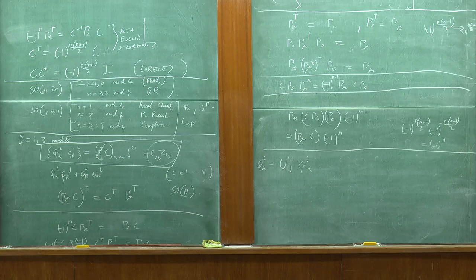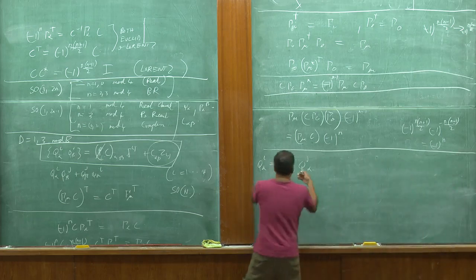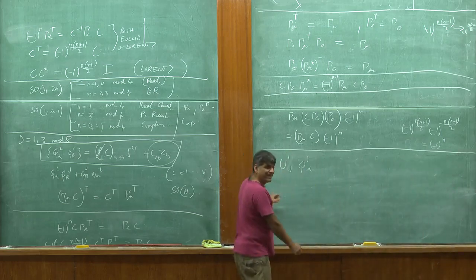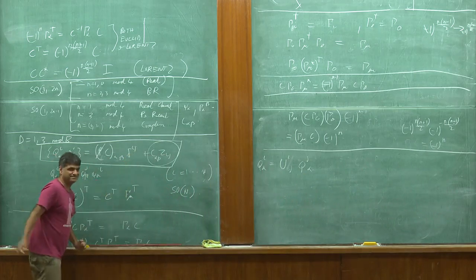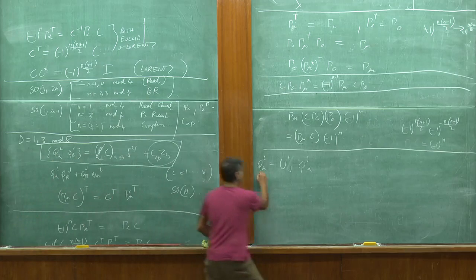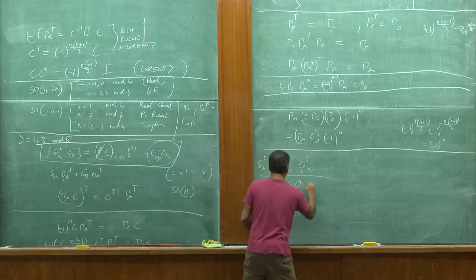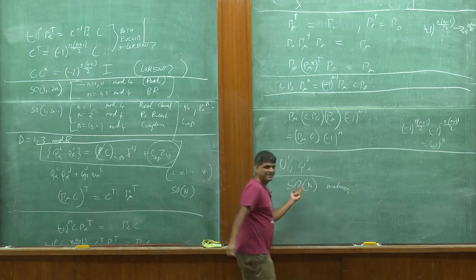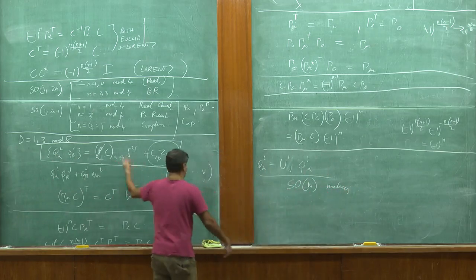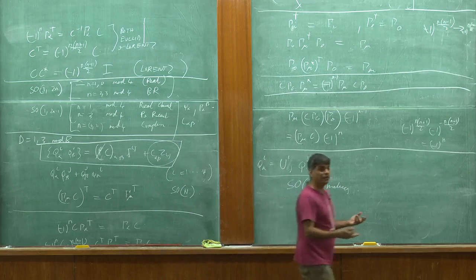So we want to do this kind of transformation, we want to keep these guys real numbers, and we will want to keep this delta ij conserved. So these Us will be SO(N) matrices. Had we allowed complex numbers, we would have allowed for unitary matrices.